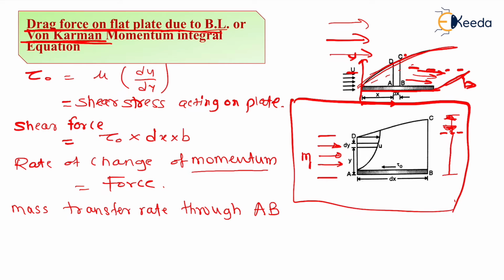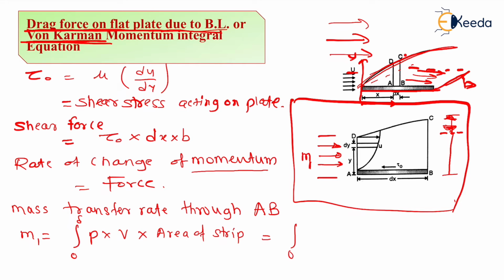So this mass transfer rate m1 can be calculated as integral 0 to del rho into V into area of strip.